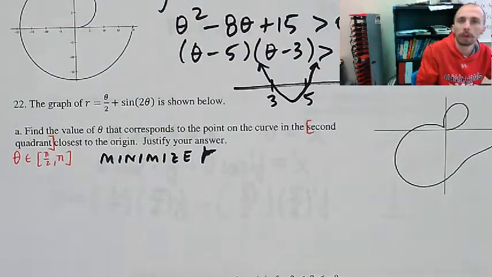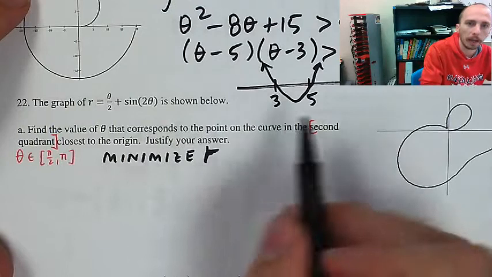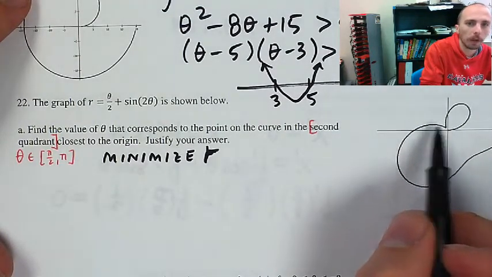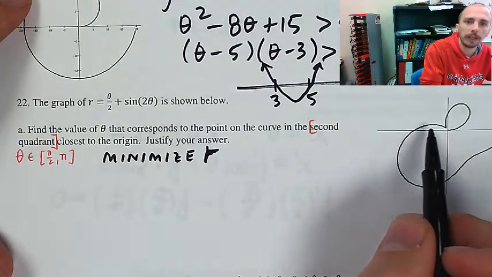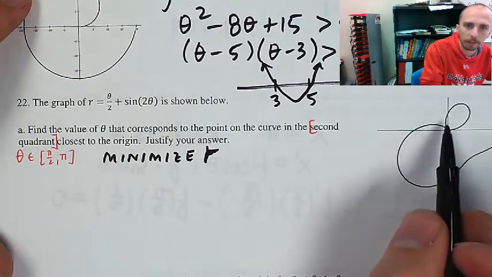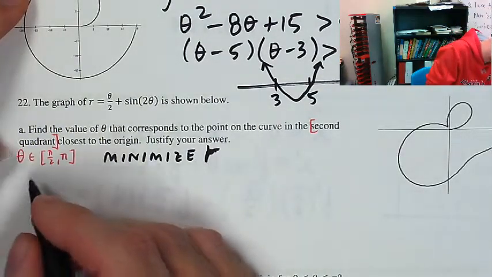So what we're going to do to run the closed interval test is consider the value of r at pi over 2 and pi, which I know you can tell it's happening at this minimum here. But you're going to need to at least justify that this is bigger than that distance there and that. So we got to check the endpoints.